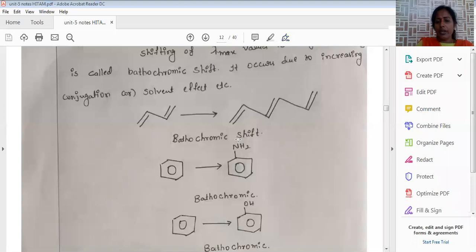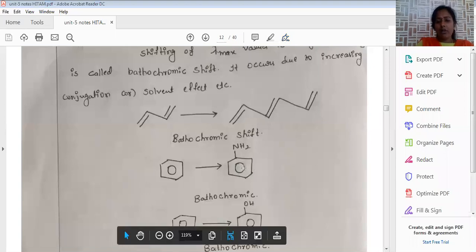Nitrogen has a lone pair of electrons. These lone pair electrons again increase the conjugation. They are more prone to release electrons into the benzene ring. That's the reason why conjugation and delocalization will be enhanced. That's why from benzene to aniline, longer wavelength will be observed, which is called a bathochromic shift.